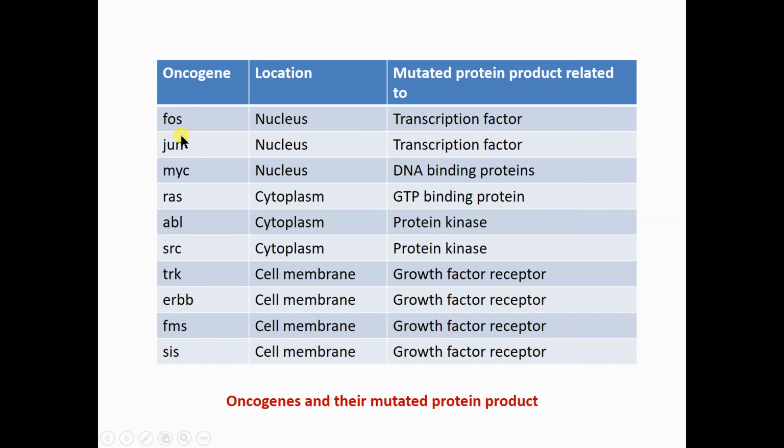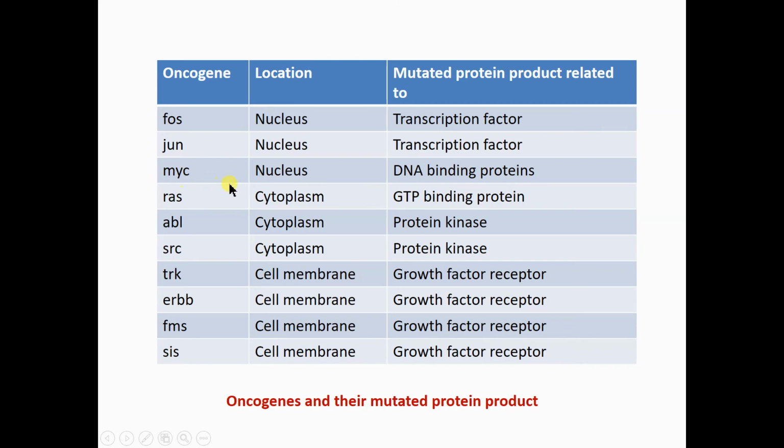We have already seen in the zinc finger and leucine zipper motif that they act through binding with Fos and Jun type transcription factors. If the mutated product of these transcription factors is synthesized by conversion of the Fos and Jun type proto-oncogenes into oncogenes, these transcription factors become continuously synthesized and lead to transcription of particular genes, which may lead to uncontrolled growth.